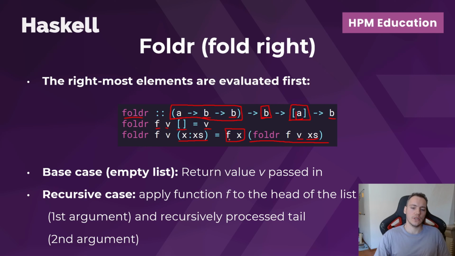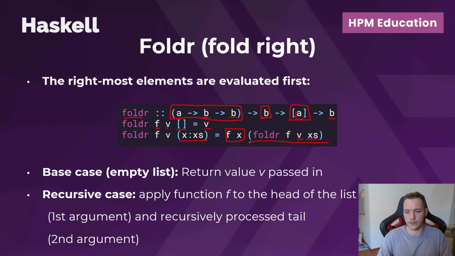Okay, so what I was saying with laziness, sometimes we don't need to evaluate the rest beyond f applied to x, depending on the function and what we're working with. For example, with booleans, it's easy to imagine that we can know the result of the entire fold just by applying f to x, and we can disregard the entire recursive tail because, for example, if the function is logical AND, then we know that if x is false, the whole thing will be false, right?